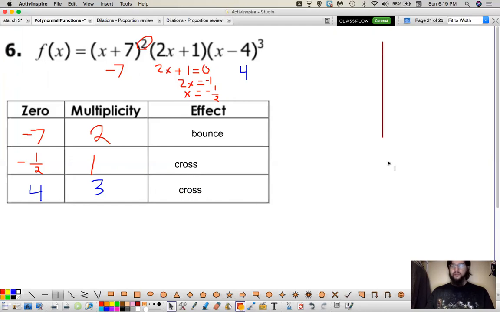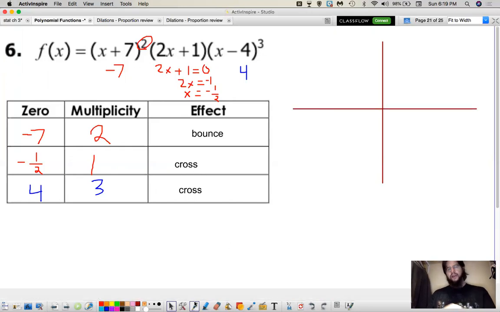So let me get my axes here. Now I got to figure out what my leading coefficient is going to be and what my highest degree is going to be. Well, I've got leading coefficients here of 1, 2, and 1. 1's being squared, so that's 1, times 2 is not doing anything, so 2, times 1 being cubed is still 1.